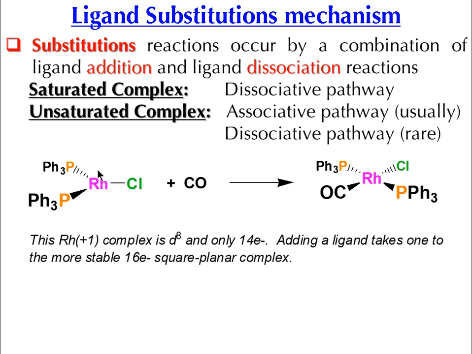So we have a vacant site on rhodium that can receive a ligand from the outside. The addition of the ligand CO, for example, will transform the geometry of the rhodium from trigonal planar to square planar, which is a more stable geometric form. So in this case, the addition is favored.